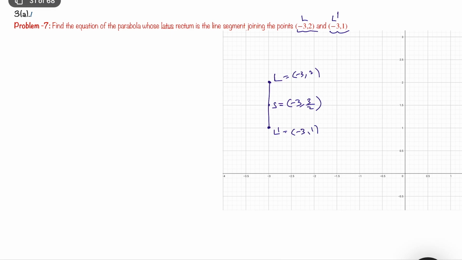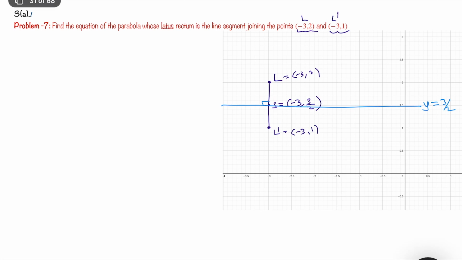We also know that the axis of the parabola will be passing through the focus S and perpendicular to the latus rectum L L dash. As you can see, this axis is parallel to the x-axis, whose equation is y equal to 3 by 2.